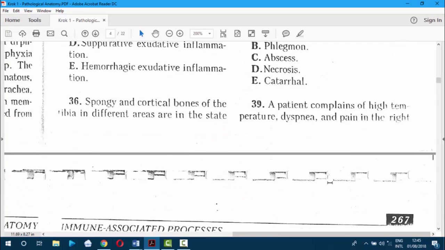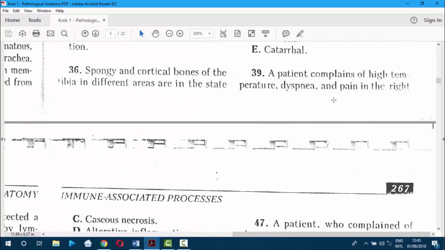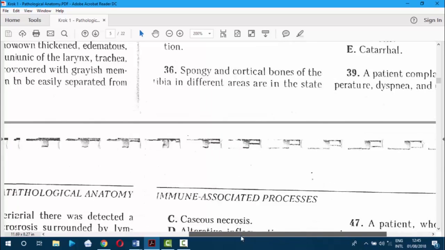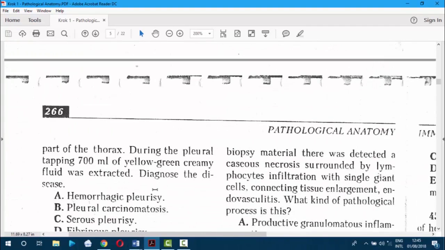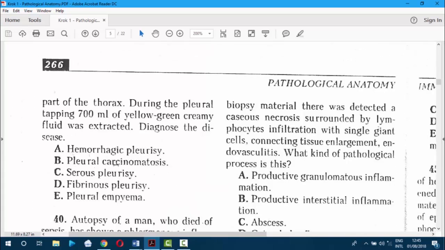Okay. So, 39. A patient complains of high temperature, dyspnea, and pain in the right part of the thorax. During the pleural tapping, 700 ml of yellow-green creamy fluid talks about what? Pus, exactly. Define the disease. So yellow-green creamy fluid is pus.